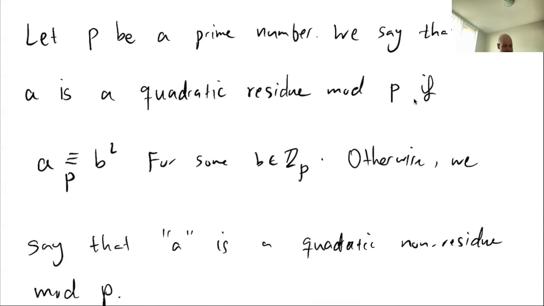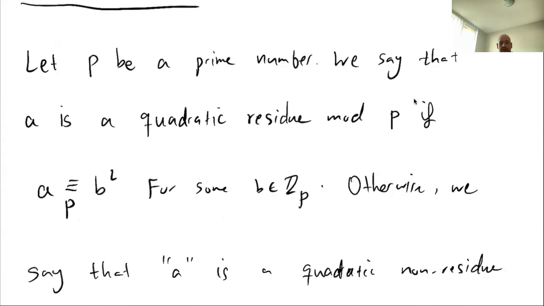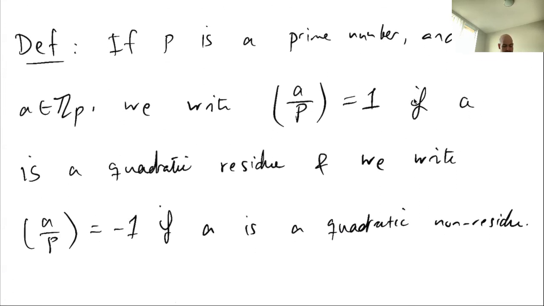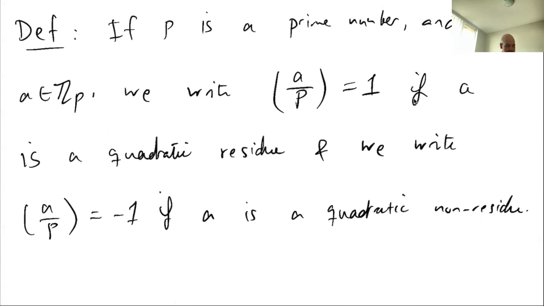By the way, normally we assume a is not equal to 0 because, of course, 0 is always 0 squared, but we exclude 0. So let me write in the beginning that a is not equal to 0 in Zp.